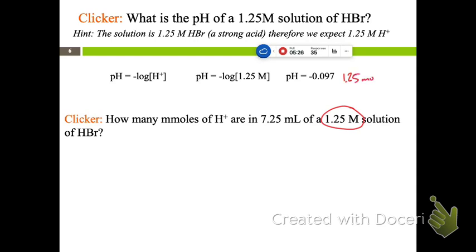So what is on the top? Right, so if we have 1.25 M, what does that mean? Over 1 liter. Moles of what? Per every 1 liter of solution. Okay, go ahead, Jay.